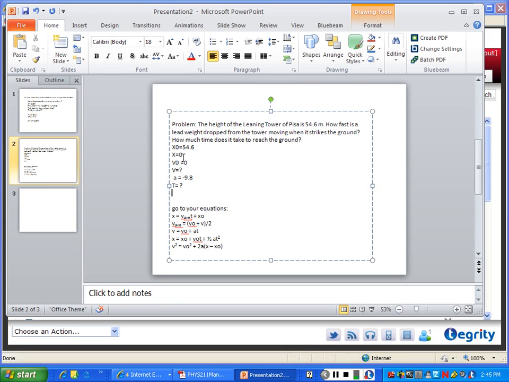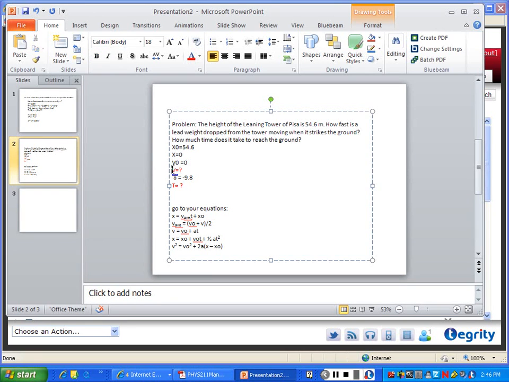Because you know what the x's are, you know what V0 is, and you know what a is. To pick the right equation, we just look at what we're looking to solve for. We already determined that, didn't we? We want to solve for V and we want to solve for t.